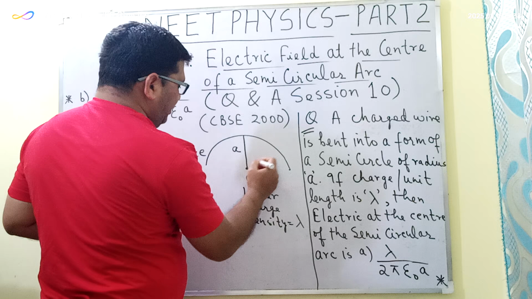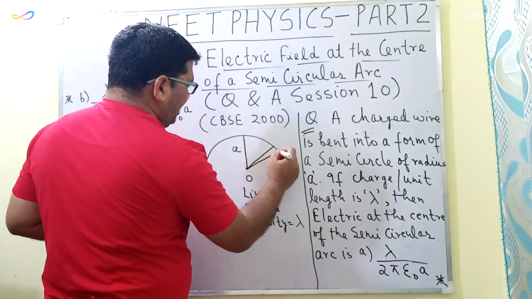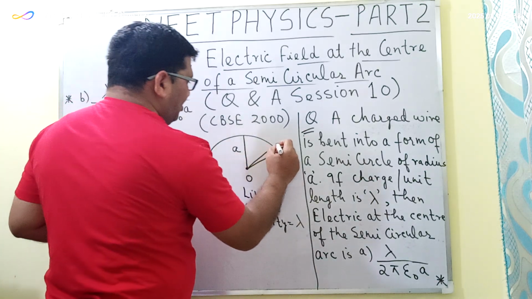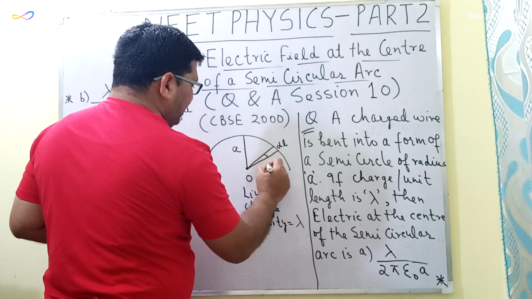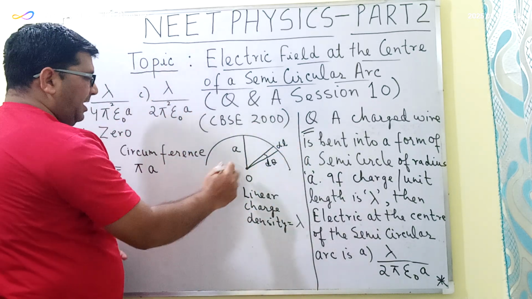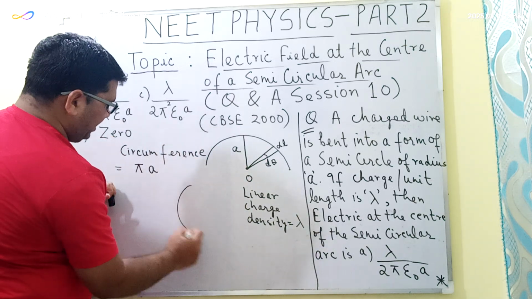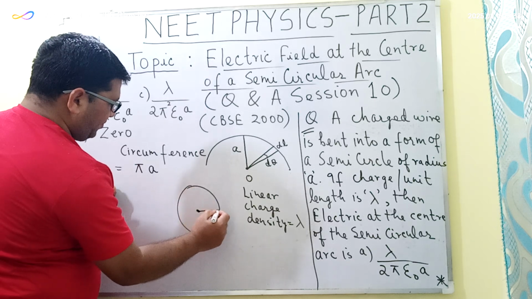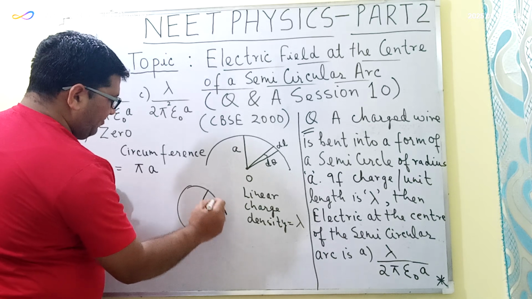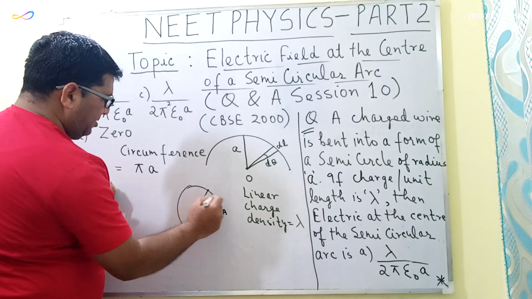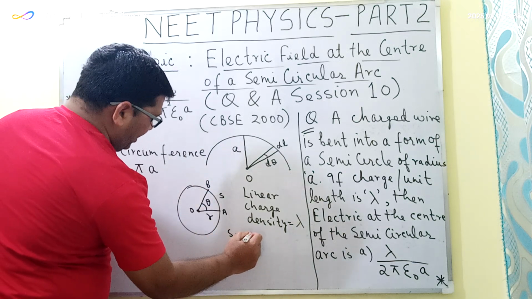And now here what I will do is consider one segment, say dl, one segment of this semicircular arc of very small length, which is subtending an angle, say d theta, at the center O. Now we know that in the case of a circle, if this is the radius and this is the angle theta subtended by the arc AB, and let us say this is equal to S, then S is equal to R into theta.